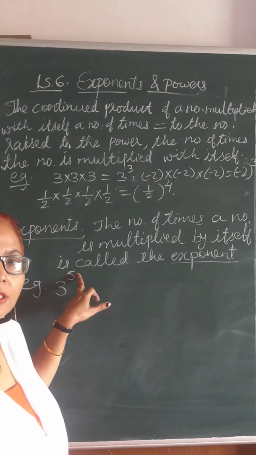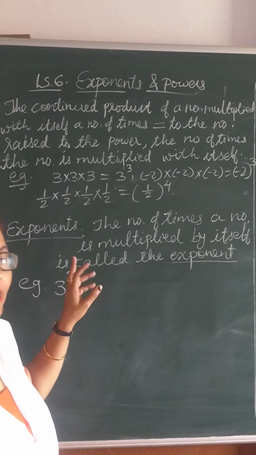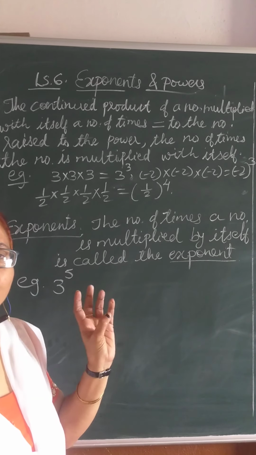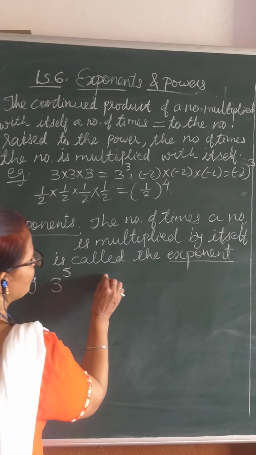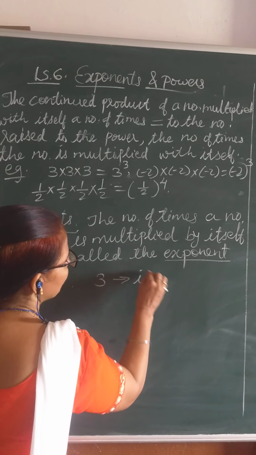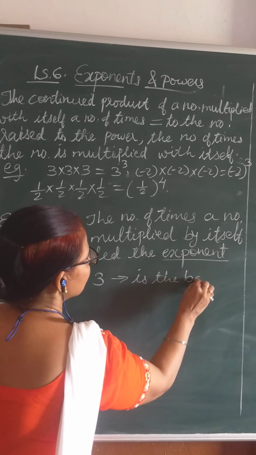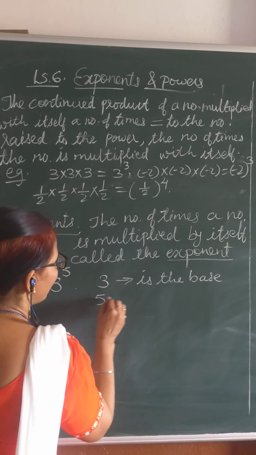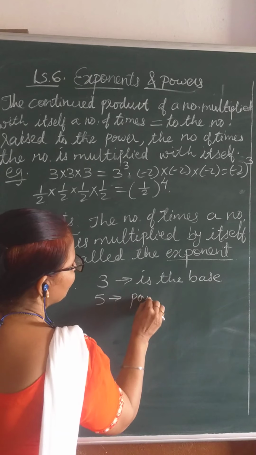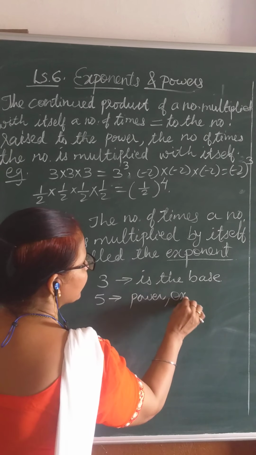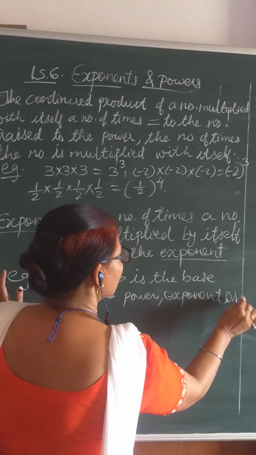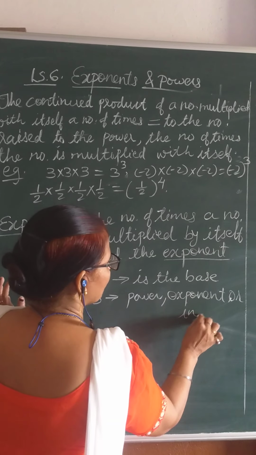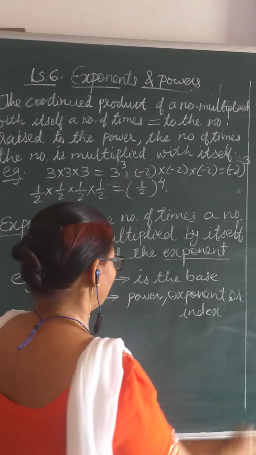We can call this power as index, exponent or power, and this 3 is the base. So here 3 is the base and 5 is the power, or you can say exponent, or you can say index. All are one and the same thing.